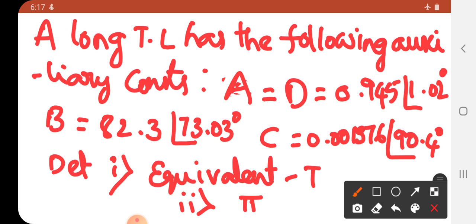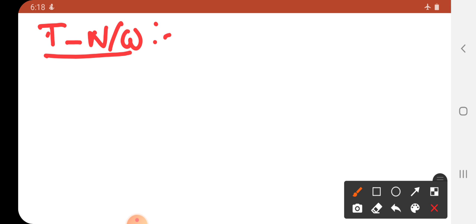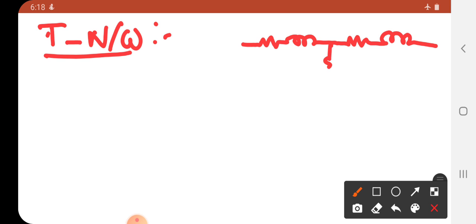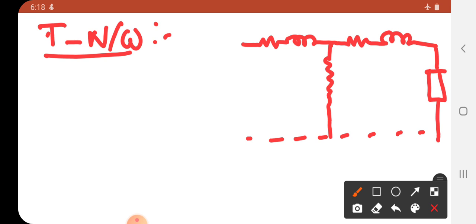Now let me solve this problem. The first one is the equivalent T network. So first, draw the T network. How is the T network? Z by 2, and this is Y, and here we have the load.